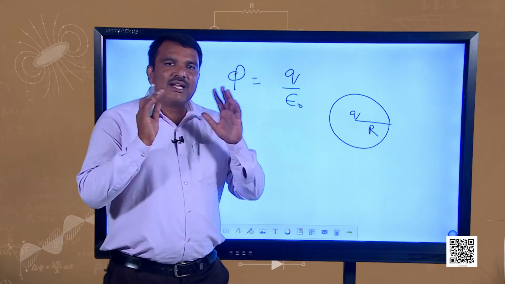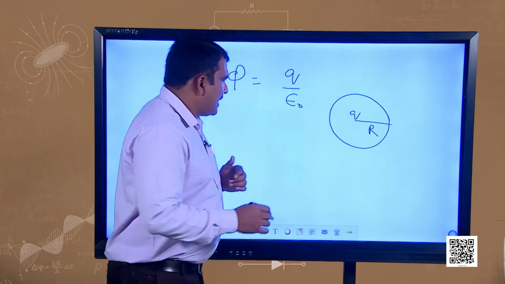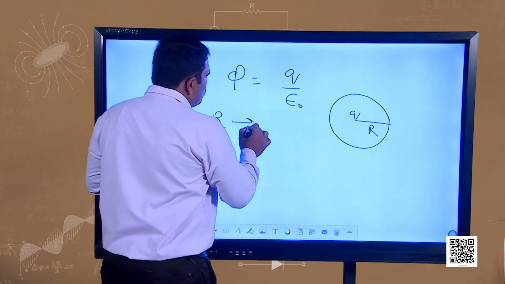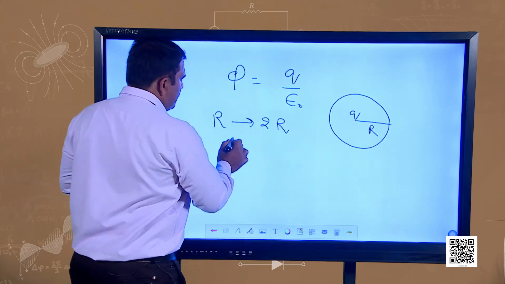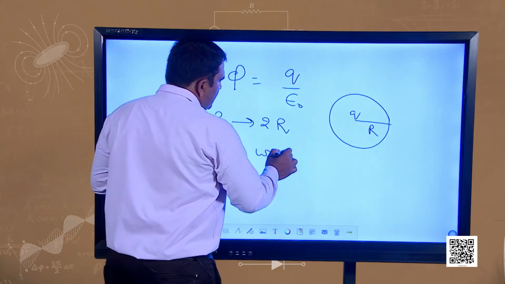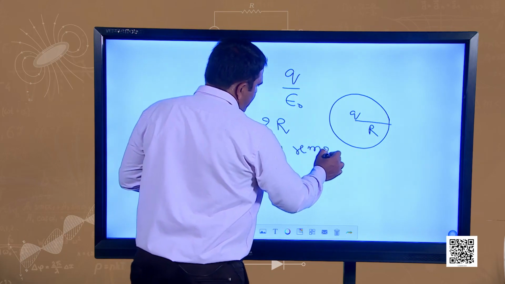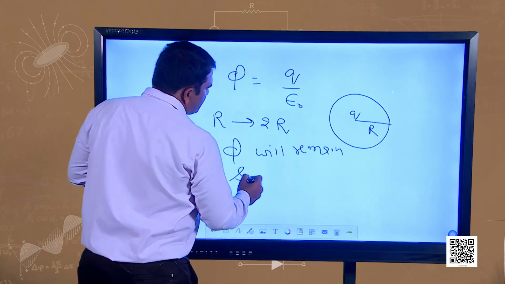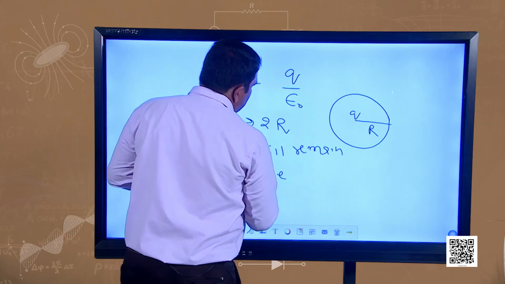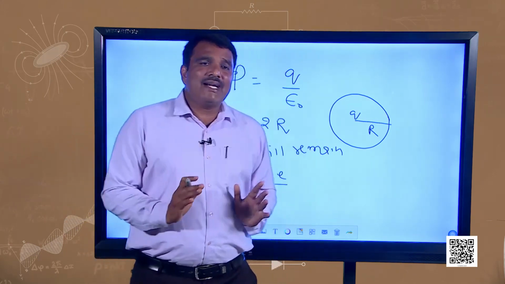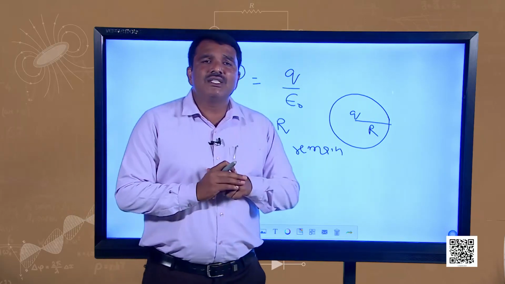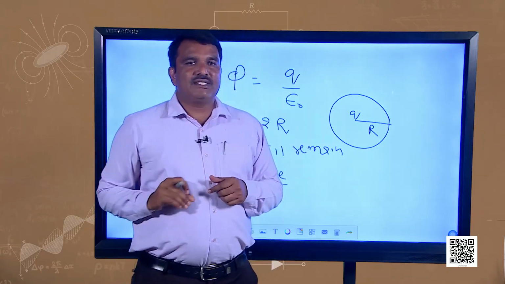That means if the radius of the sphere is doubled, that means R changes to 2R, in that case also flux will remain the same, phi will remain the same, because flux passing through a surface does not depend upon the shape or size of the surface. It depends only on the amount of charge enclosed by the surface.